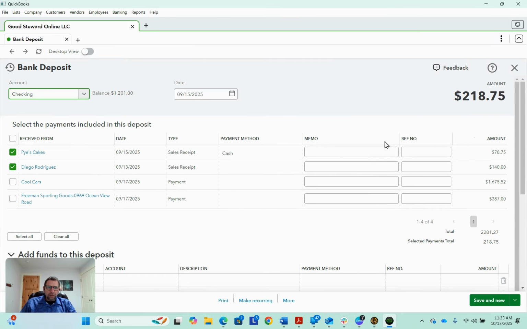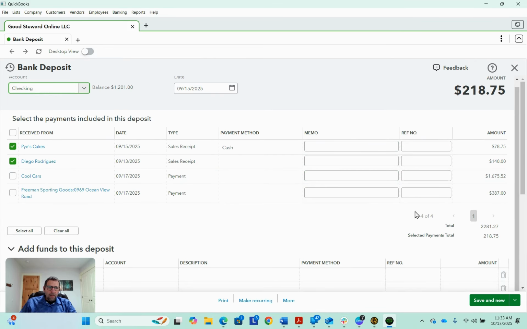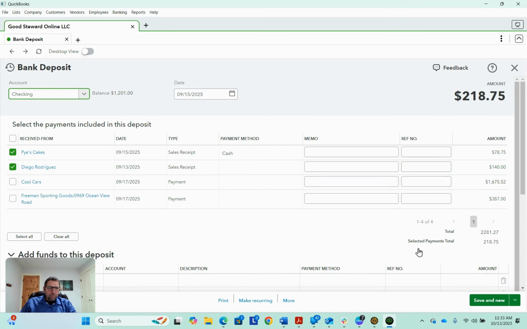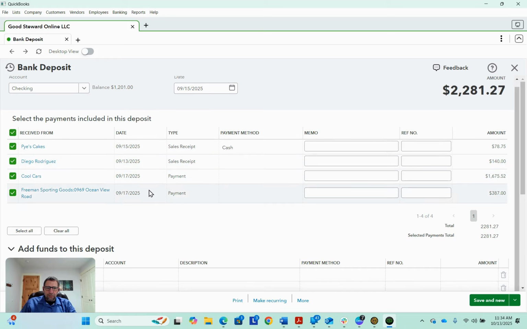And you're going to see that this deposit amount was for, let's see, 2281.27, and it's asking us to choose which transactions want to be included in this deposit. So we would just go and choose what transactions are included in this deposit, and we're going to click Save.